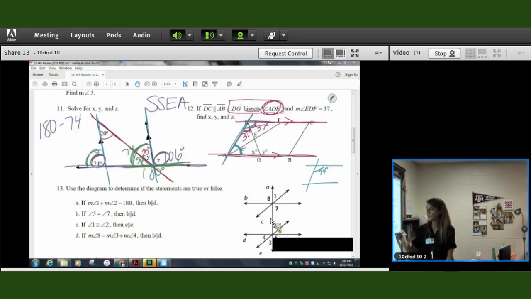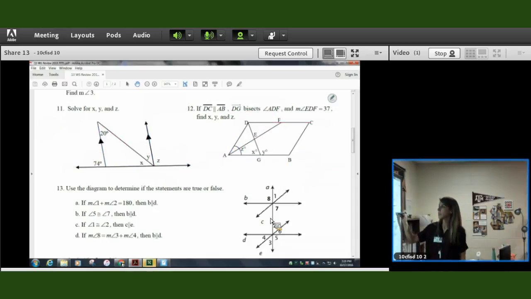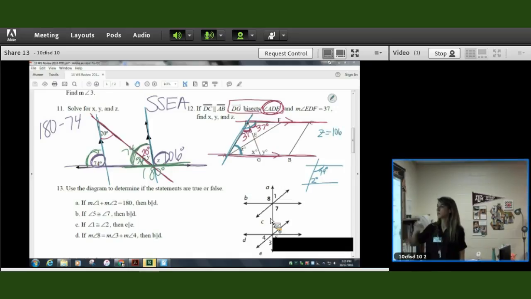Now, we're looking for Z. What's the vocab word for 74 and Z? Same side interior, same side supplementary. So 180 minus 74 is 106. We had that number in the last problem. So Z is 106.